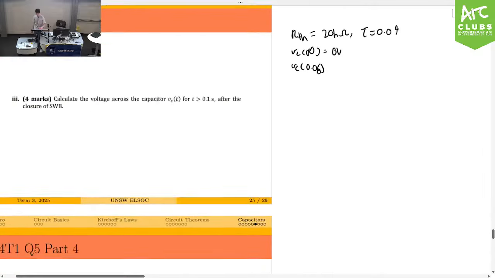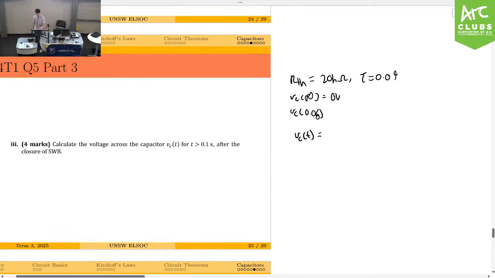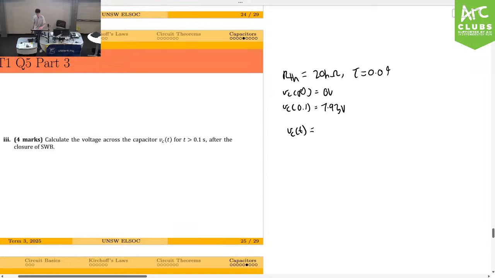So I know all this information. I should change that, that's not correct. This is going to be 7.93 volts.